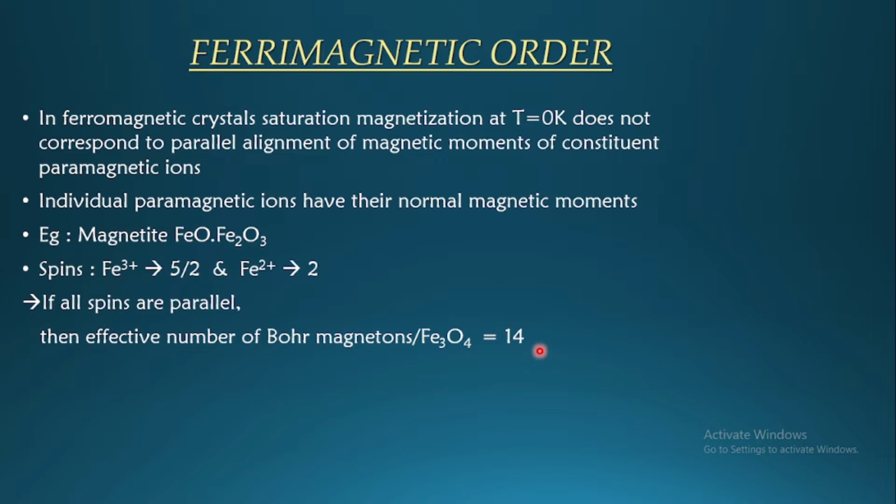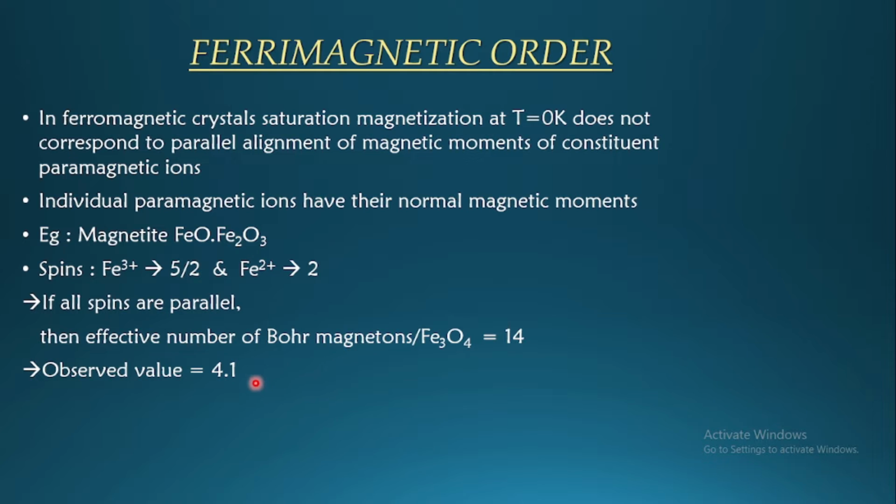But when we observe through experiments, we find that the effective number of Bohr magnetons per unit of magnetite is just 4.1. So you can observe the calculated value is 14 and the observed one is 4.1. So there is a huge discrepancy.